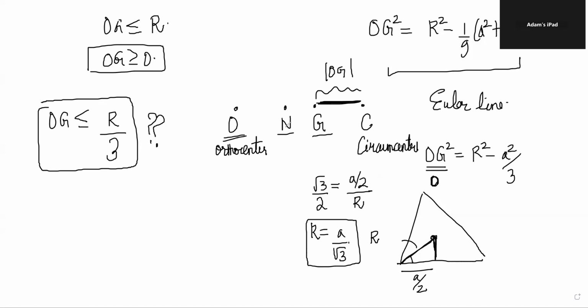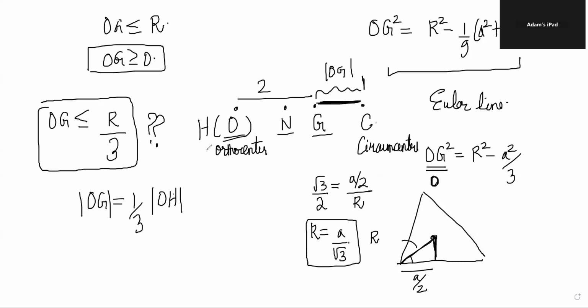And there are some properties of this line, like the ratio in which G divides the orthocenter and circumcenter is 2 is to 1, right? So technically you can say the distance OG is equal to 1 by 3 of the distance OH, if you call the orthocenter H. So we can find the distance between circumcenter and orthocenter directly, and OG will be 1/3 of that, right?